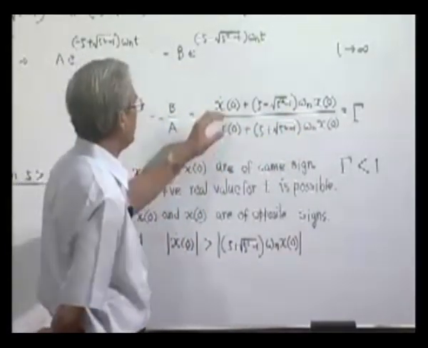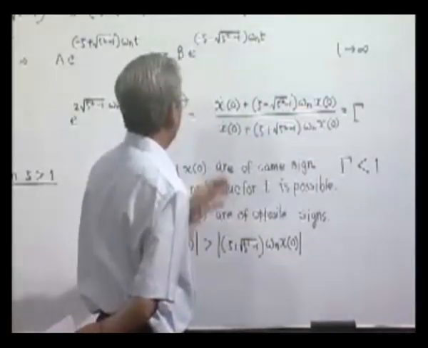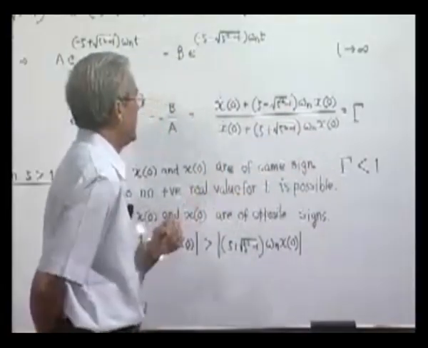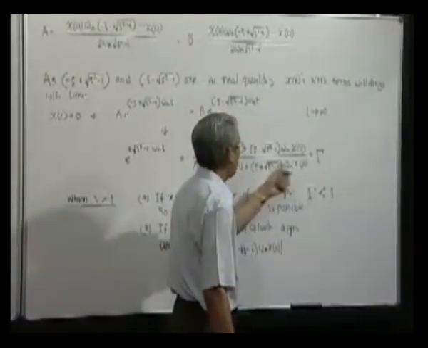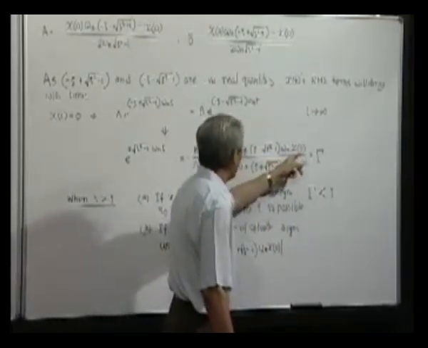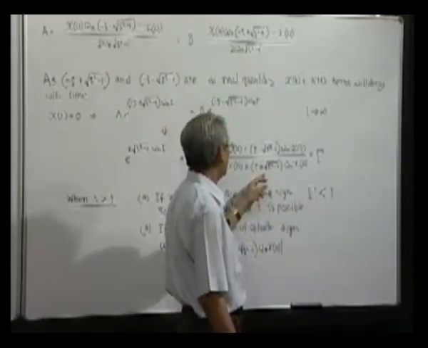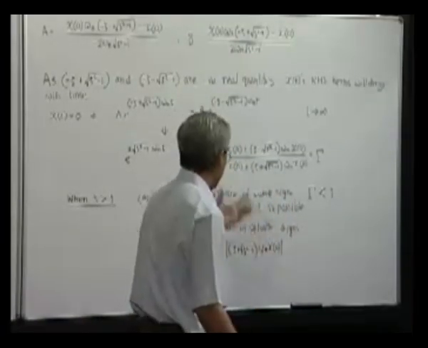So what we are getting is x dot 0 minus a quantity, and below, x dot 0 minus a quantity which is larger than this. So what will happen? The numerator will be a positive quantity, the denominator also will be a positive quantity, but this will be less in magnitude.